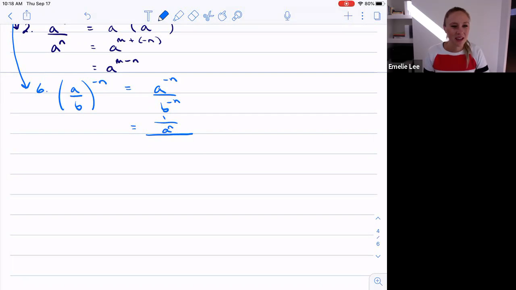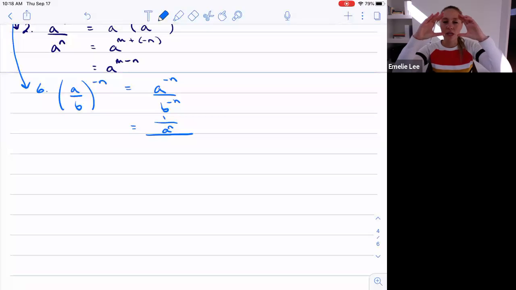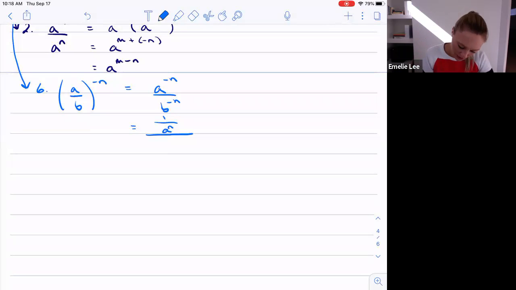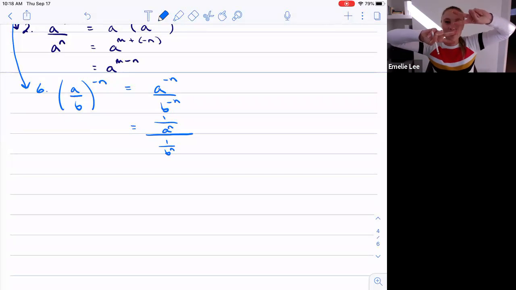So you have 1 over a to the power of n in the numerator, right? So now we're going to end up with a fraction over a fraction. Then I have 1 over b to the power of n in the denominator. I know how to deal with a fraction over a fraction: I have to flip and multiply.